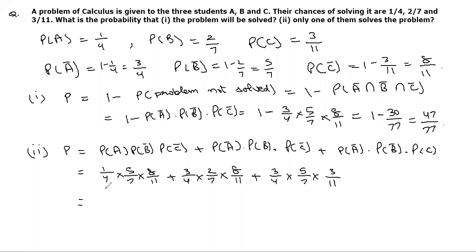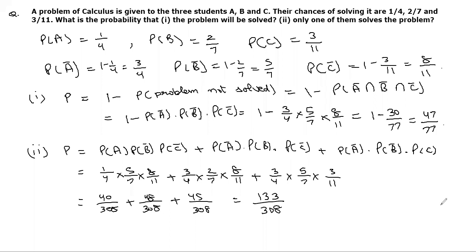It comes out to be 40 over 308 plus 48 over 308 plus 45 over 308, which will be 40 plus 48 plus 45, that is 133 over 308.